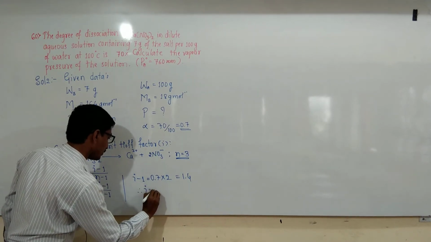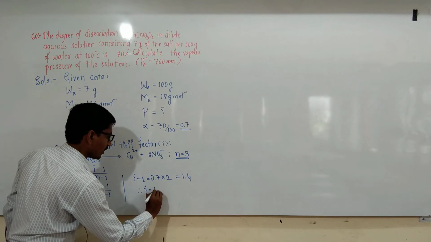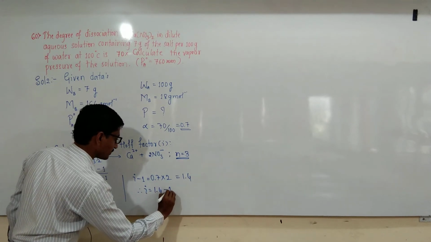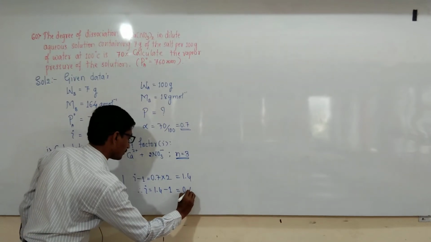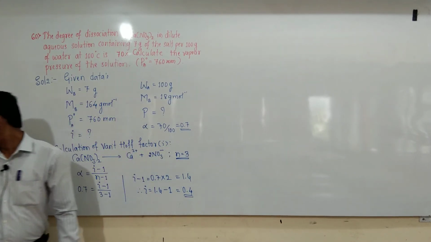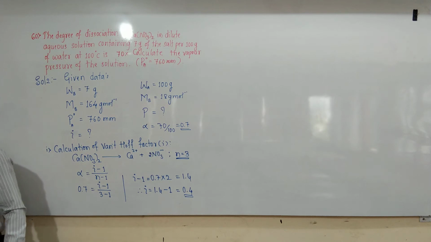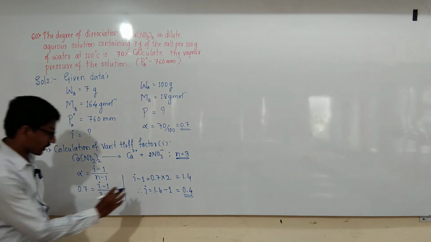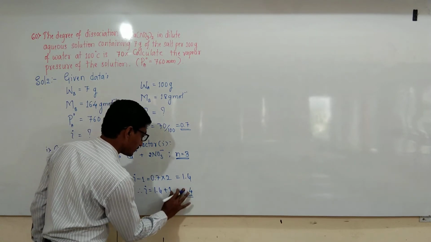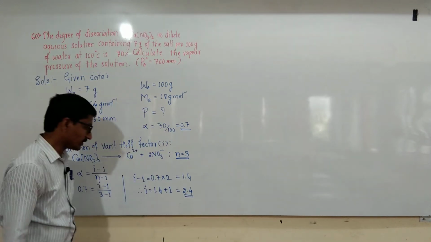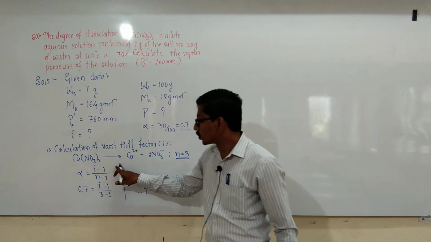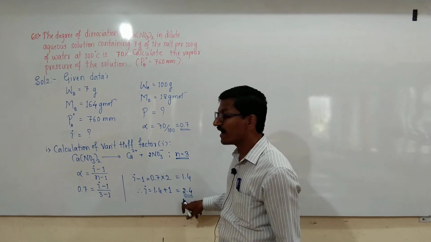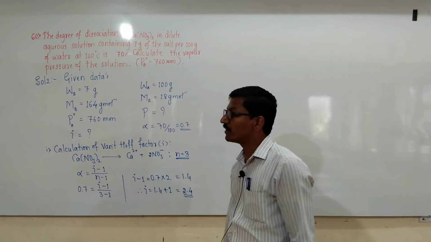Therefore, i is equal to 1.4 plus 1, which is 2.4, the van't Hoff factor. From the degree of dissociation, the van't Hoff factor is calculated and its value is 2.4.